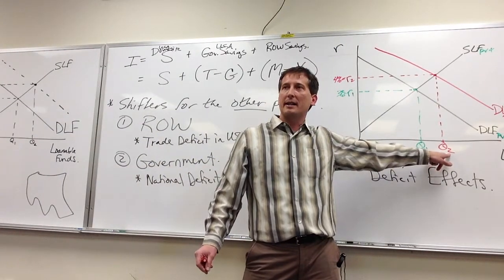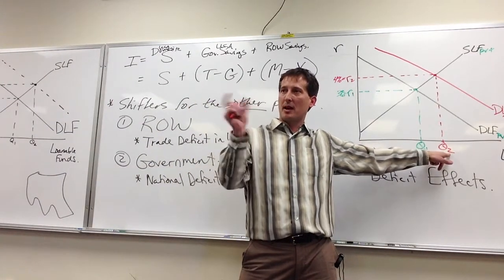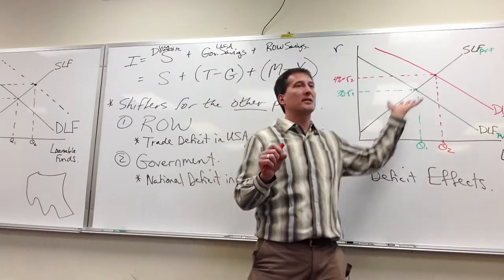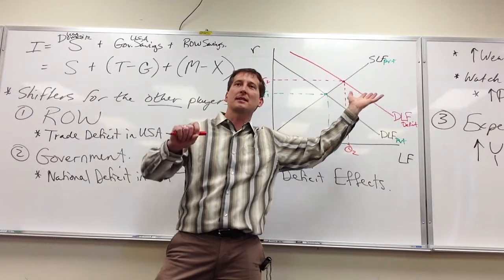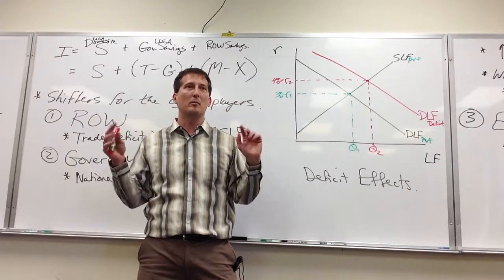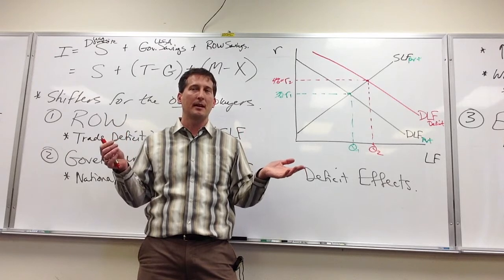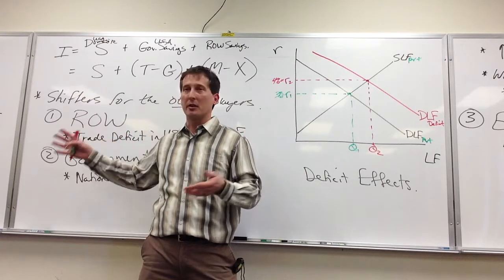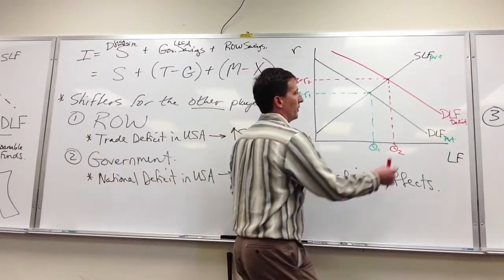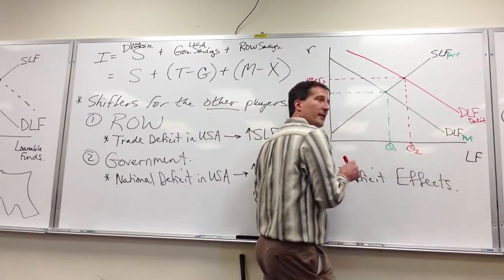This quantity is now a mix of government and private agents, right? As interest rates started to go up, did businesses borrow more money or less money? Less, right? That's what we learned earlier. Interest rates go up, they're going to buy less. So this demand curve is still relevant.